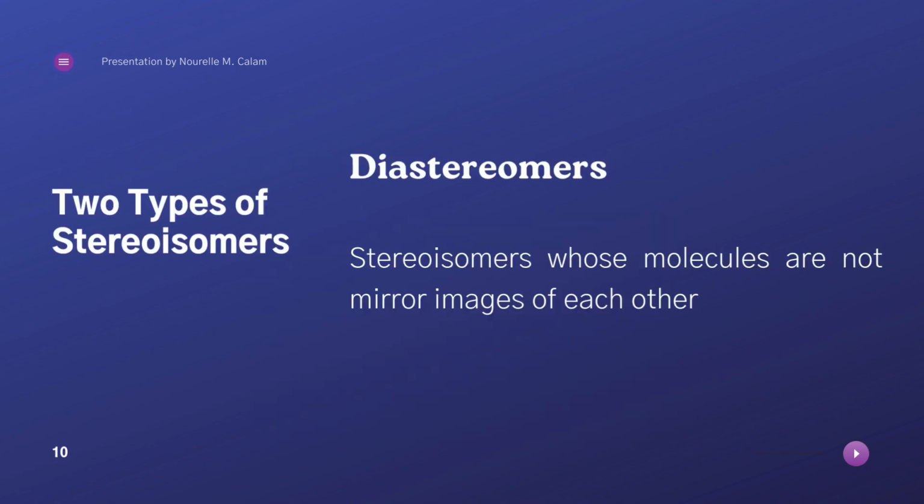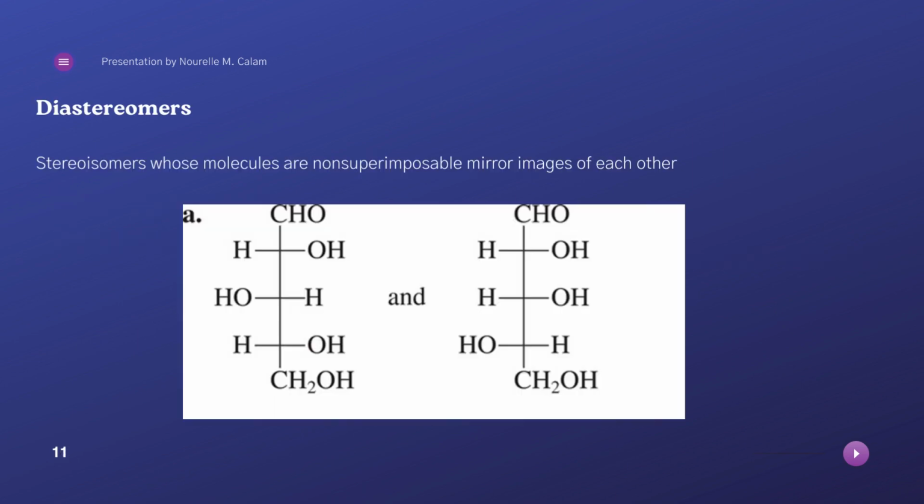Now let's go to the second type of stereoisomers, the diastereomers. Diastereomers are stereoisomers whose molecules are not superimposable mirror images of each other. They do not mirror one another. What do we mean by this? Take a look at these two molecules right here.